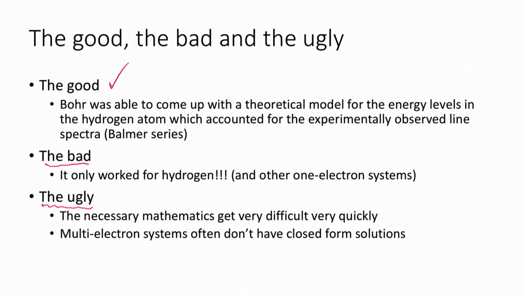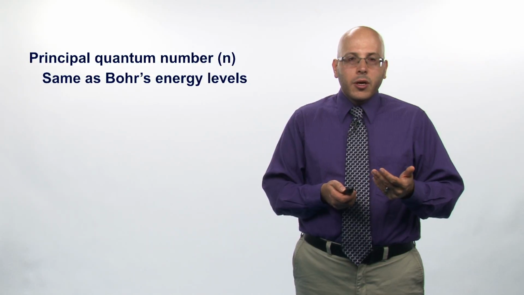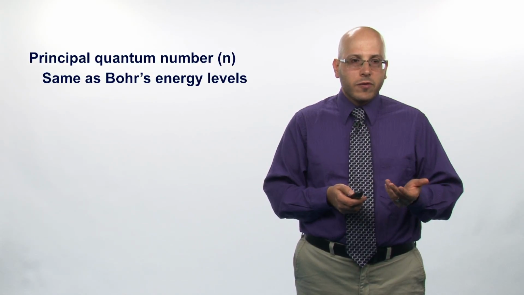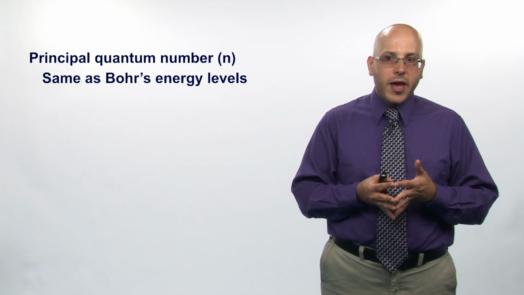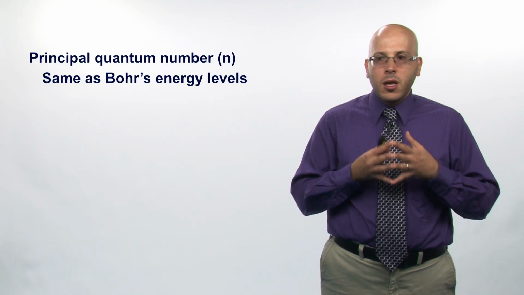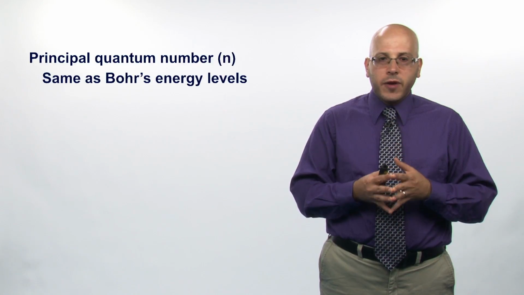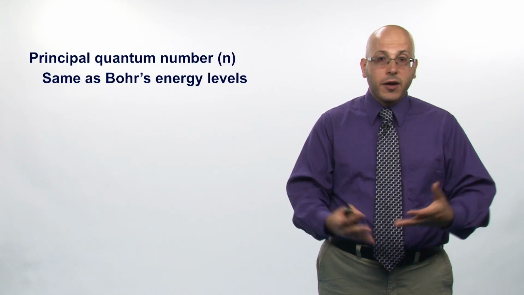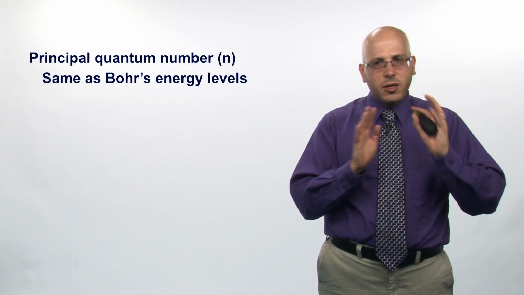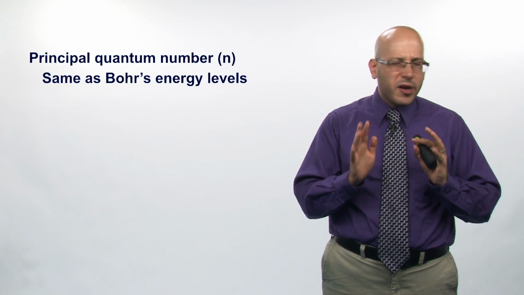Okay, so Bohr had come up with these energy levels, which were described by a principal quantum number, which we use the letter n to describe. Okay, the reason that Bohr's model failed wasn't that it was too crazy, but that it wasn't crazy enough. Okay, people had a little bit of a problem understanding this whole quantization of energy.